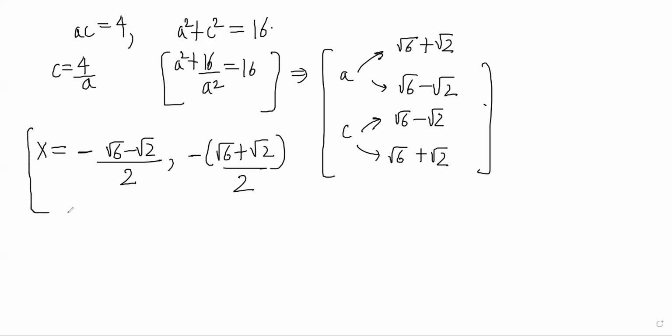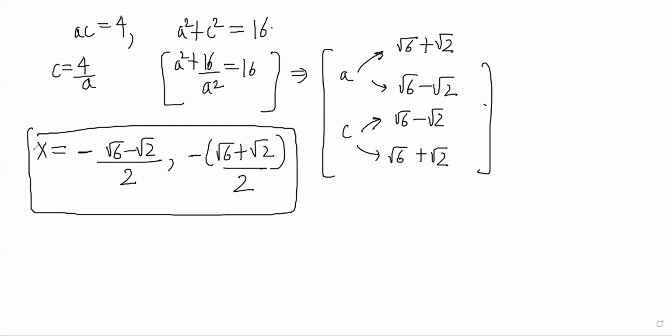These are the two possible values of x that we get, because we are using the first term in that sum. We had said x square plus a by 2x whole square plus c by 2x plus 1 whole square is 0. Both have to be 0 simultaneously, so x values are coming out to be these two.